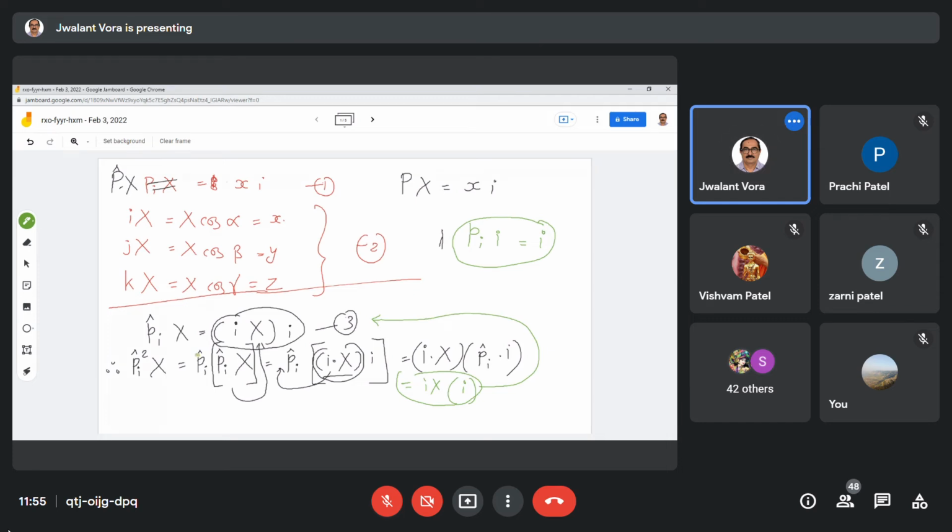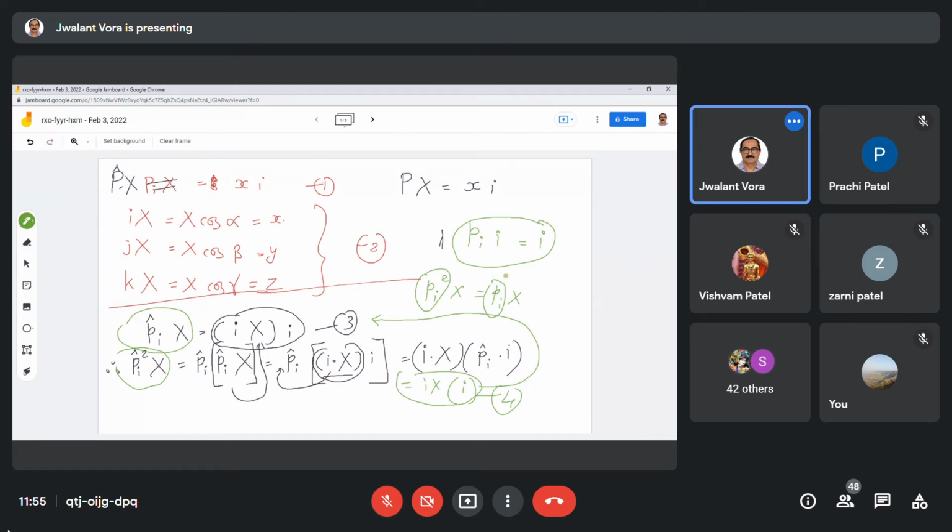So this is the left hand side of equation number 4. So left hand side of equation number 4 is pi square x, and left hand side of equation 3 is pi into x. So what happened? pi square is equal to pi.